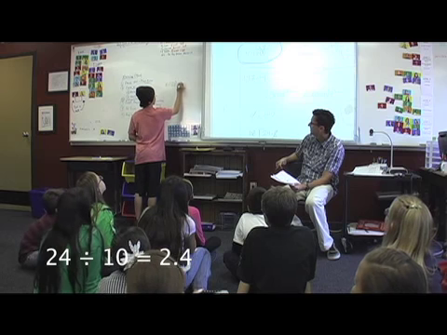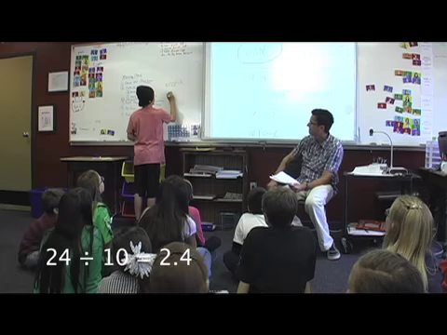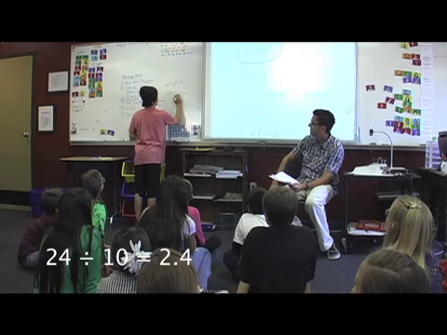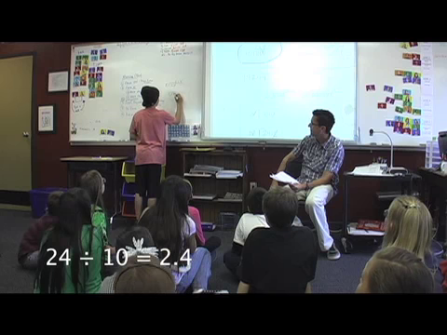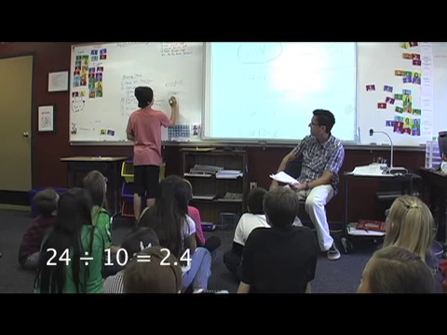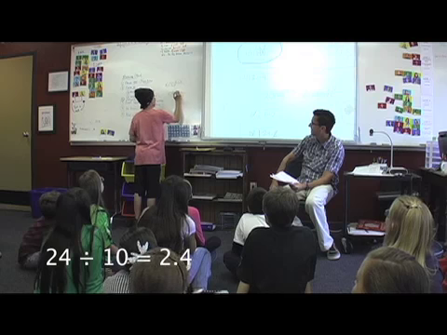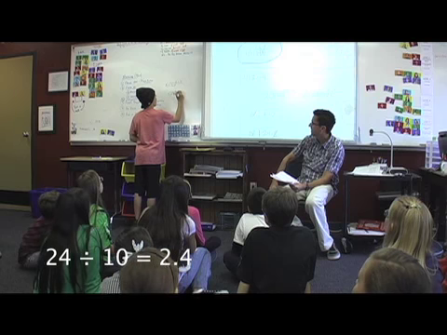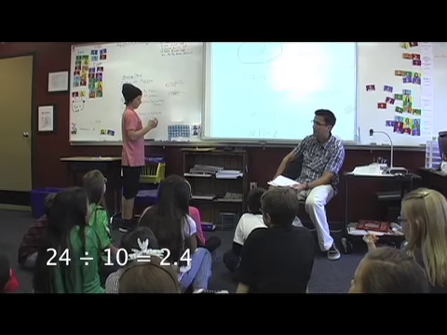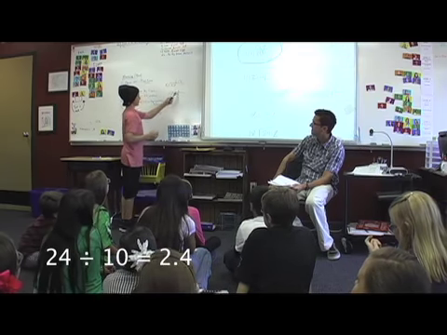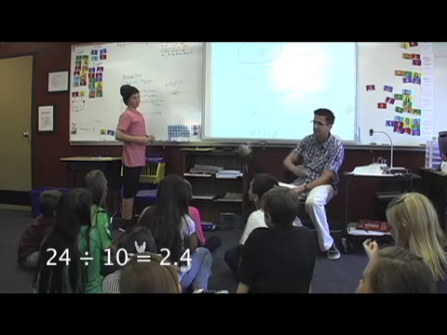It'll be 2 remainder 4. If you did it with the decimal, 24.0, there won't be a remainder, it'll be 2.4. So that makes those two problems the same thing.